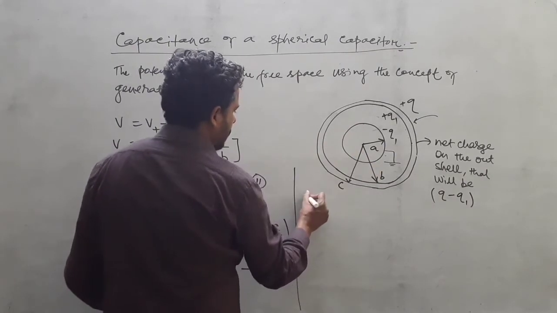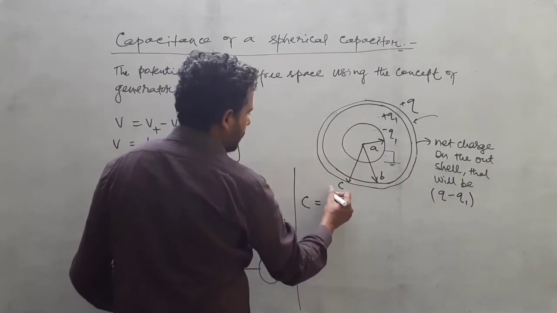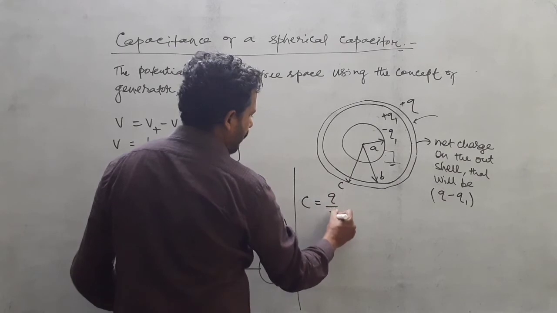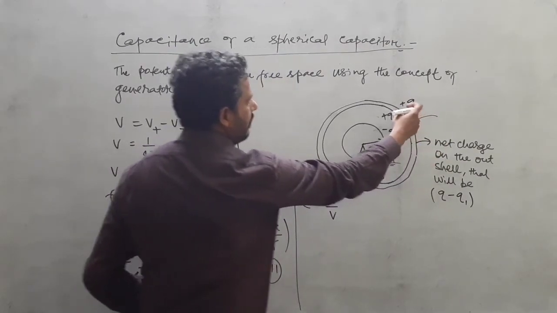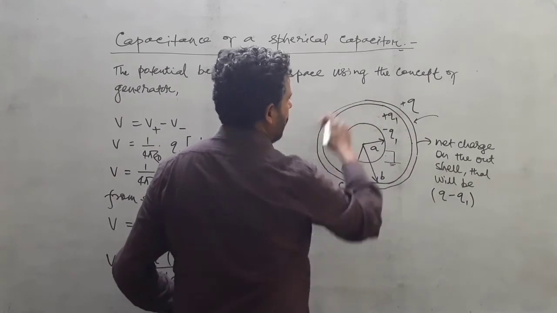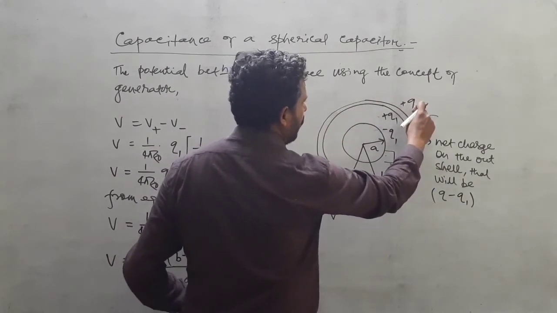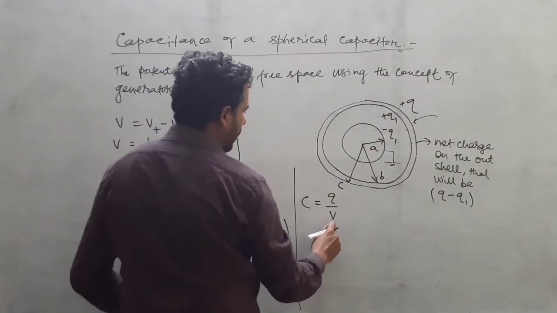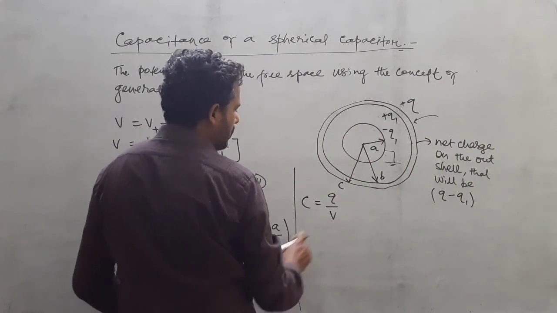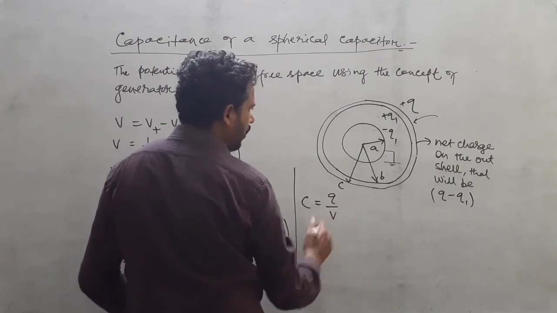And then the capacitance. You know that capacitance is Q by V. You have given a positive charge Q on the system. So there is Q by V, and now from equation 3 just put the value of V, and you will get the result.